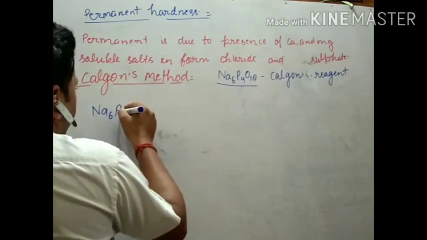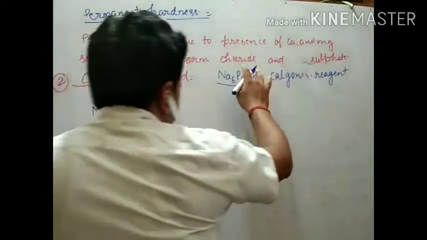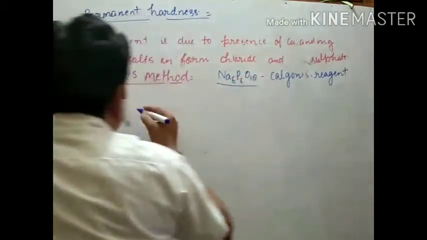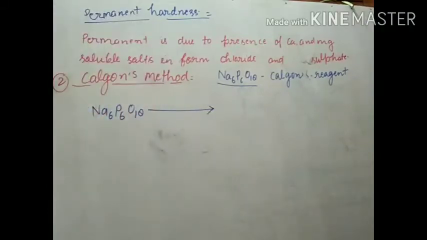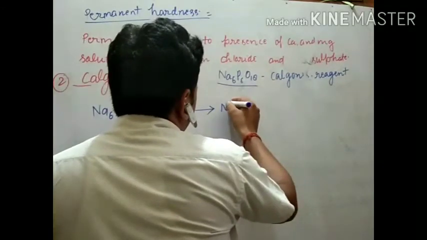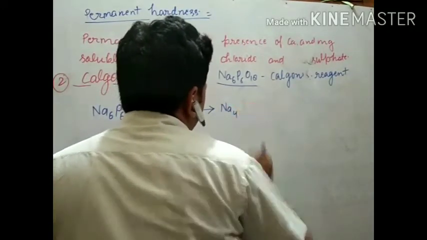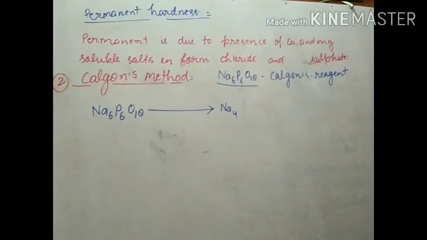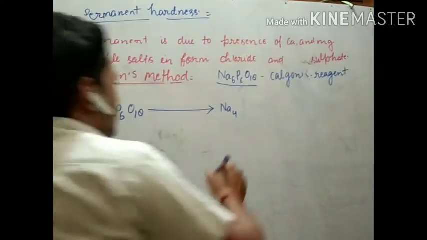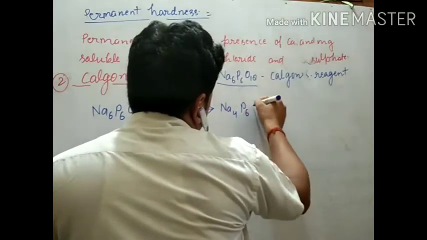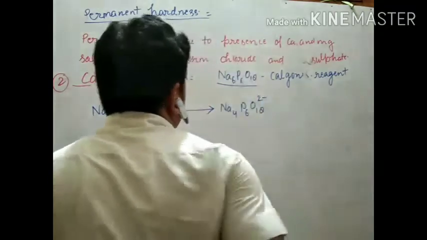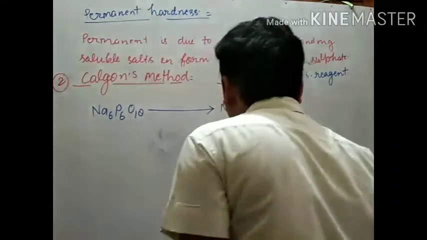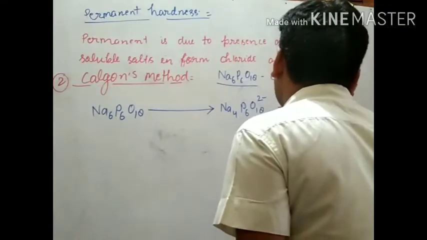Na6P6O18, it is fixed. Sorry, it is Na6P6O18. When it is added in water, it ionizes like this: Na4P6O18 double minus and 2Na plus.